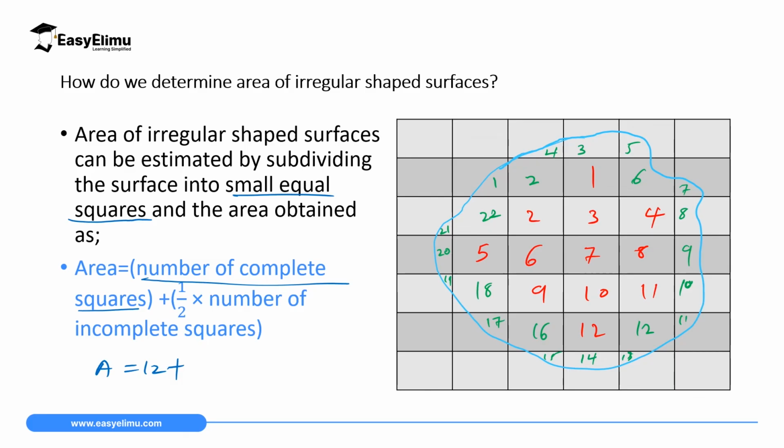So incomplete we have 22. So it will be plus a half times 22, which is going to give us area is equal to 12 plus 11, which is going to give us our area is equal to 23 square centimeters.